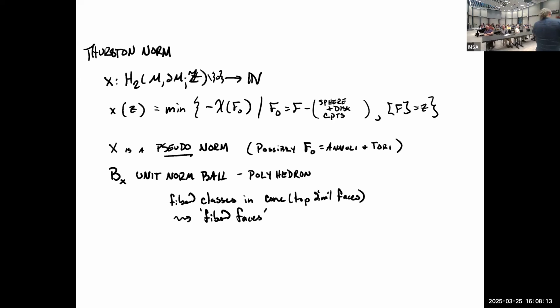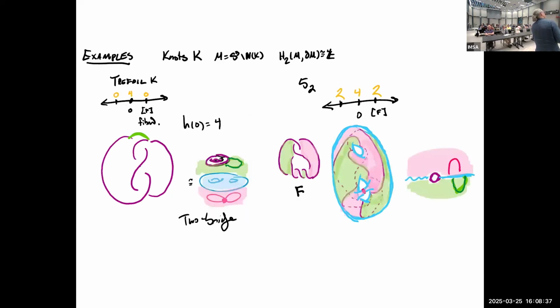And then, thinking about handle number, well, I already know that on those fibered faces, my handle number is going to be 0. Moreover, this Thurston norm ball already gives me a structure on which to decorate with the handle number. And we're going to look at a couple of small examples here.